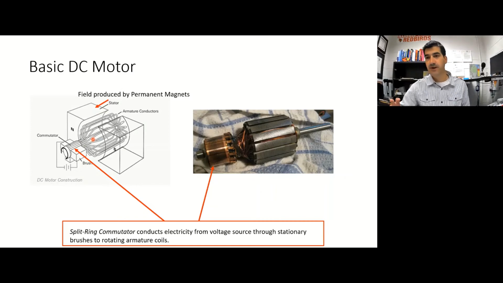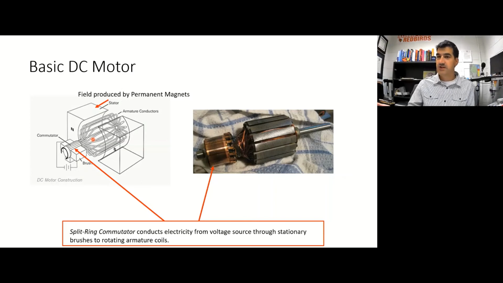You'll see a bunch of coils of wire on the armature. The reason is, like we just talked about a little bit ago, we want to make sure that we've always got at least one coil on the armature that is producing a high amount of torque. And in real DC motors, generally you'll have at least a dozen or so coils on the armature.